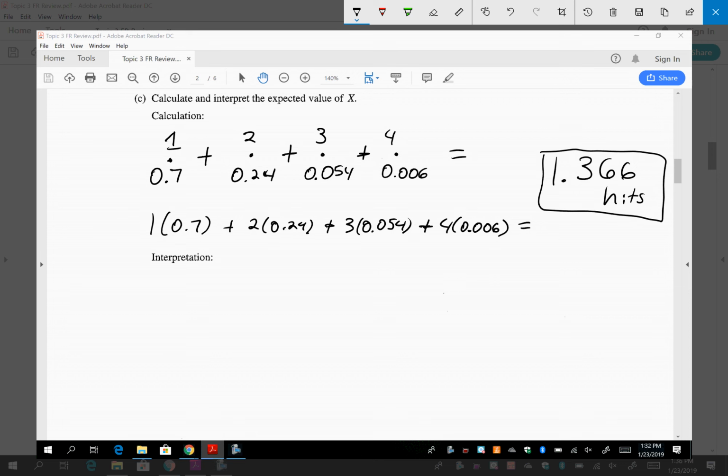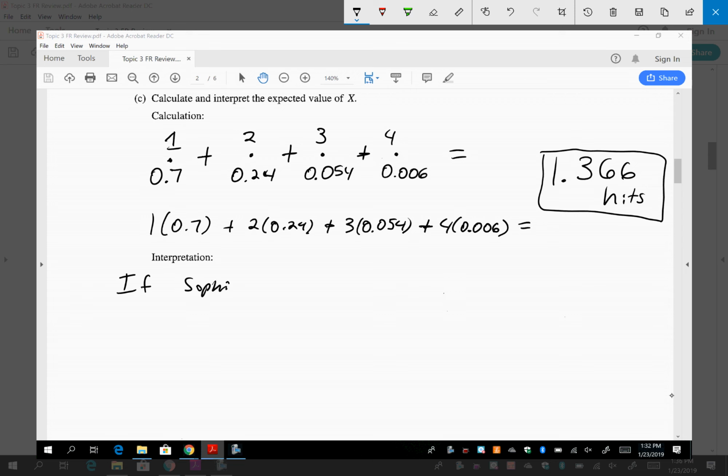So actually, Nadia, we can just add one little phrase and your answer will be perfect. Over the long run, or if Sophia were to break hundreds of piñatas, I expect her to need an average of 1.366 hits. Do you want me to write that down? Yes, sir. Okay. This is going to be fun.